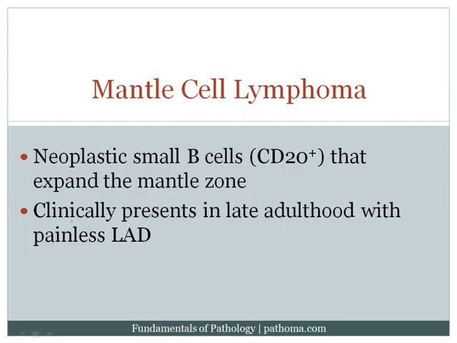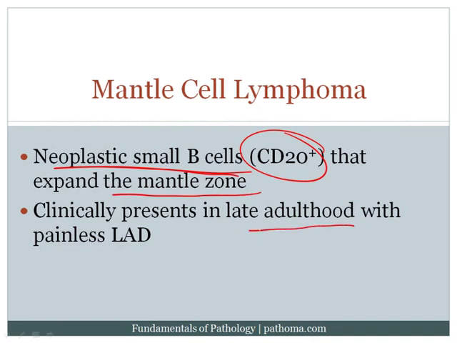Now we come to mantle cell lymphoma, which is a neoplastic proliferation of small B cells, obviously CD20 positive, that expand the mantle zone. This clinically also presents in late adulthood and with generalized painless lymphadenopathy.